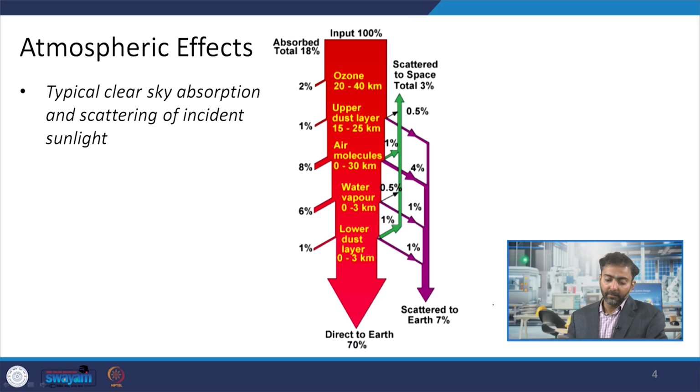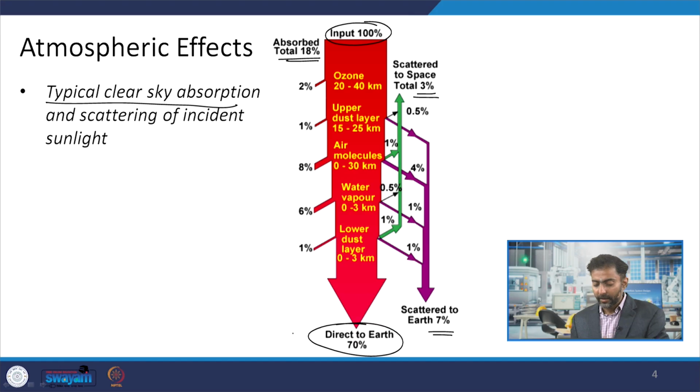And if you remember, we discussed this in the last class, that out of the total incident radiation at the edge of the atmosphere, the total radiation which enters the atmosphere from outer space, 18% is absorbed, and around another 7% is scattered to earth and around 3% is scattered out to the external space. This is all accounting under the typical clear sky conditions. So, roughly speaking, we are getting almost around 70% of direct to earth radiation.